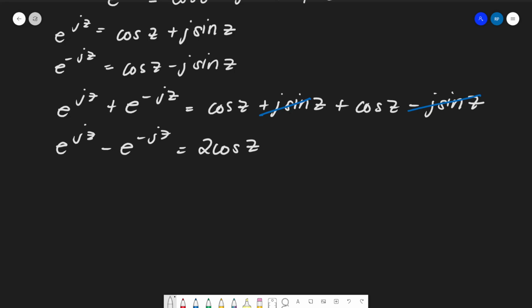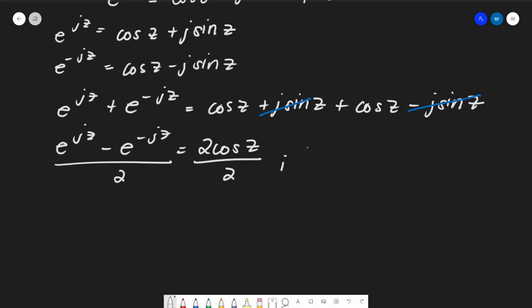Since what we are looking for is the equivalent when the complex number becomes the argument of a trigonometric function, in this case cosine, we divide by 2.